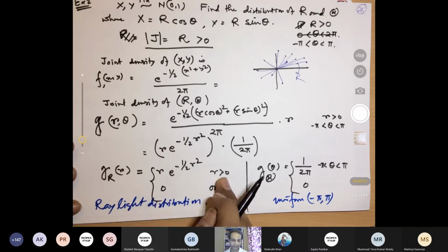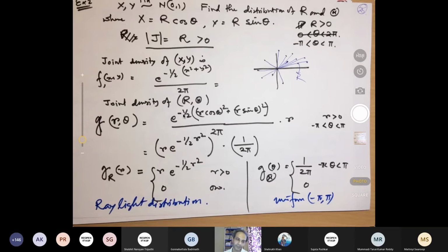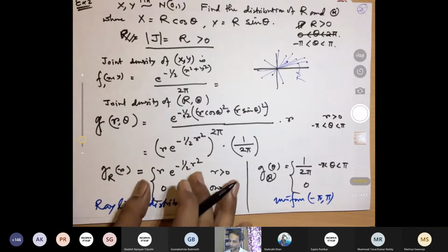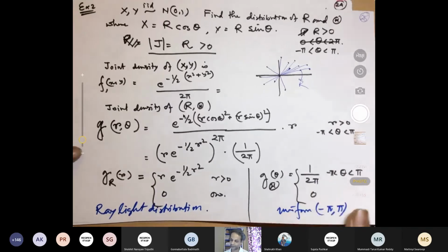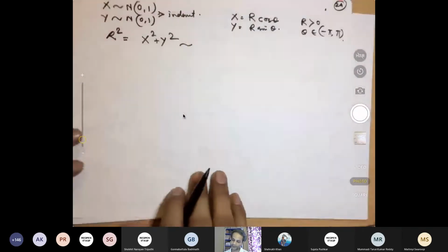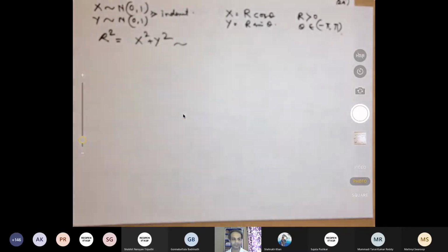You know the density of r, and you can obtain the density of r square from the previous method you learned for one variable transformation. Whatever may be the way, can you please tell me what is the distribution of x square plus y square?